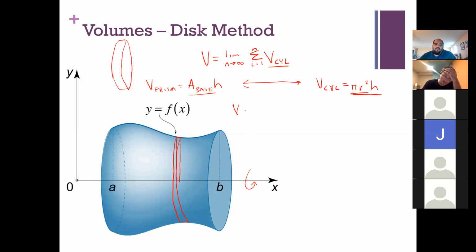So the volume of this is going to be, we're going to integrate from a to b, whatever those limits are. And we're looking at pi r squared h. So now really what we want to do is represent the radius and the height of our cylinder in terms of this function itself.